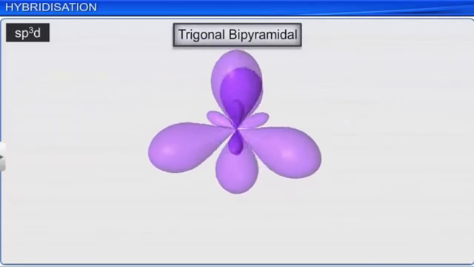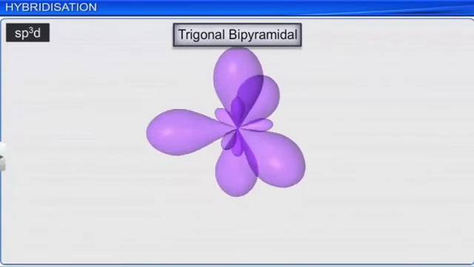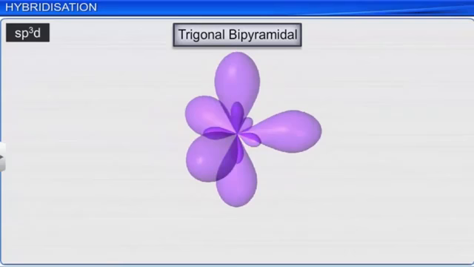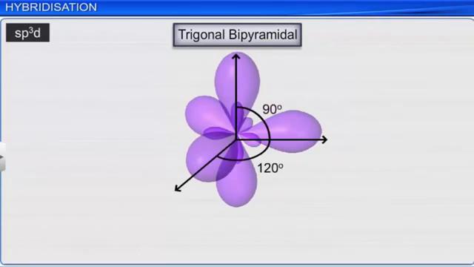They have a trigonal bipyramidal arrangement, which leads to the formation of two different sets of angles between orbitals. Three of the hybrid orbitals lie in one plane, making an angle of 120 degrees with each other. This plane is called the equatorial plane, and the bonds formed by them are called equatorial bonds.